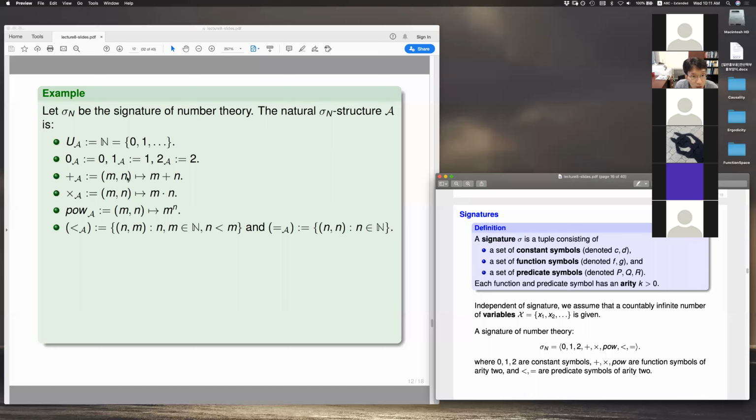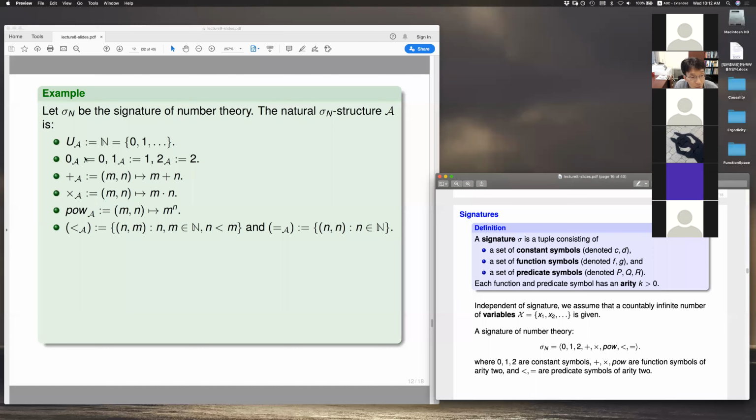And then the very natural structure is interpreting everything in terms of non-negative integers. But computer scientists, when they say natural numbers, always start with 0. Mathematicians often start with number 1. This is computer science, so we are starting from number 0.